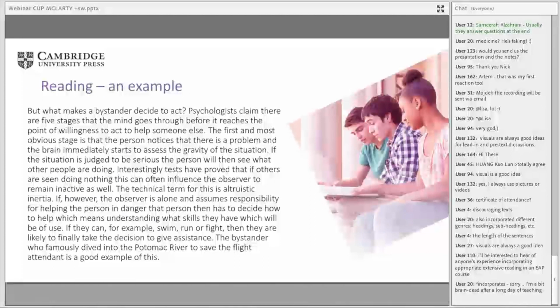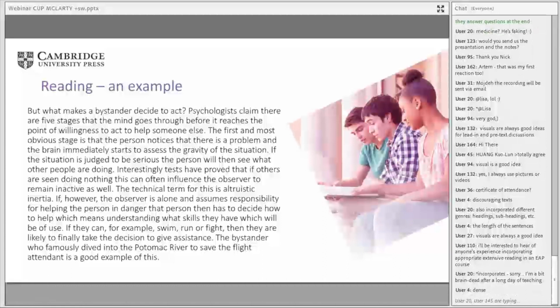As I said, this is the psychology text that we were trying to feed our students into. And as you can see, it's a very dense text, very short but quite dense, and is essentially looking at the psychology behind bystanding.